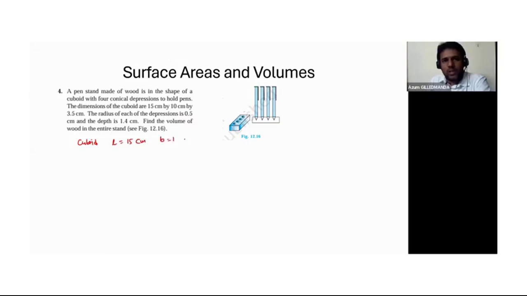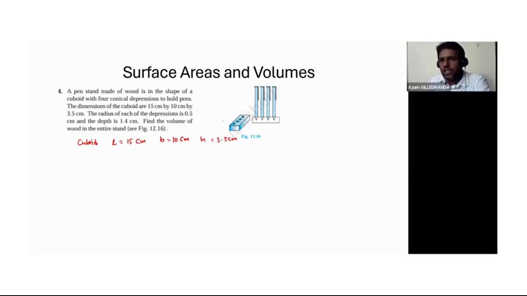The breadth is 10 centimeters. And the height is 3.5 centimeters. A pen stand is made of wood in the shape of a cuboid with 4 conical depressions. You understood? In the side view, the holes you see here, the 4 holes, are conical in shape so that you can fit our pen into that.